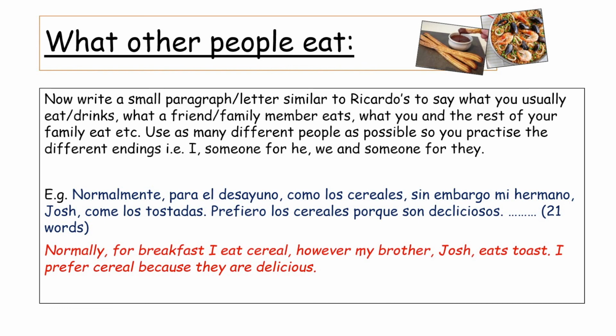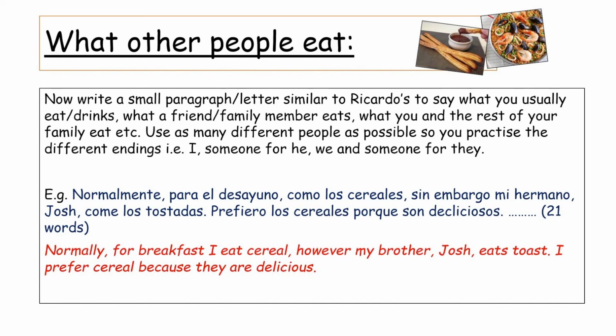Now, obviously, we haven't got our lovely literacy wall phrases right next to where you're working with things like I think that, on the one hand, I believe that, but you can look those up to help you, okay? Or you might remember some off the top of your head. So I think that churros are delicious, however, I don't eat them often. Or maybe you say, my family, we don't eat them often.